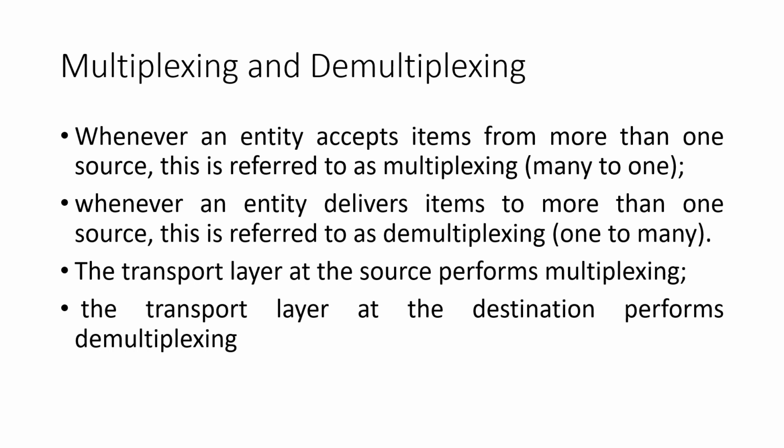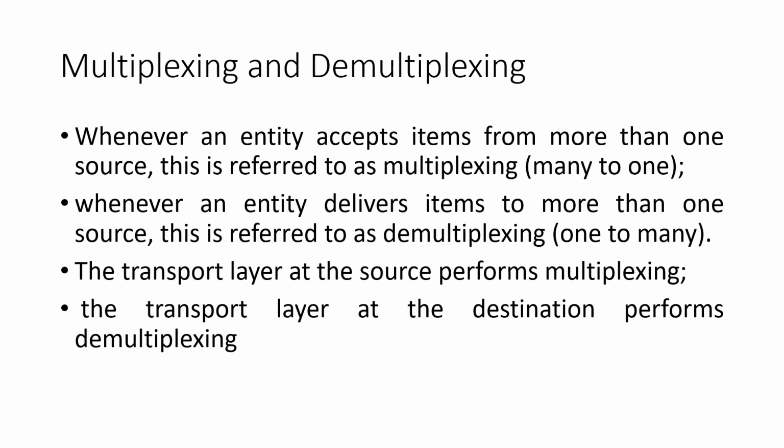The addressing mechanism allows multiplexing and demultiplexing at the transport layer. Whenever an entity accepts data from more than one source, this is multiplexing, which you can consider as many to one. Whenever an entity delivers items to more than one destination, this is demultiplexing, where the information flows from one to many.